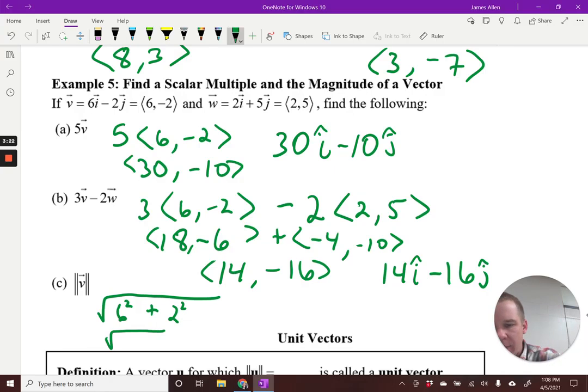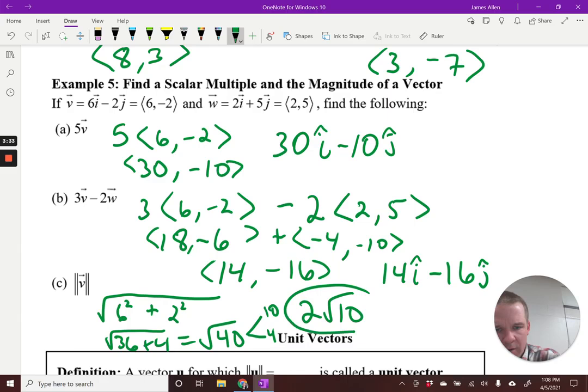So I have 36 plus 4, which gives me 40. When I break that down, that's 4 times 10, so that'd be 2 root 10. Again, you could put the -2 in parentheses, but knowing that it's going to be a positive 4 is really what matters.